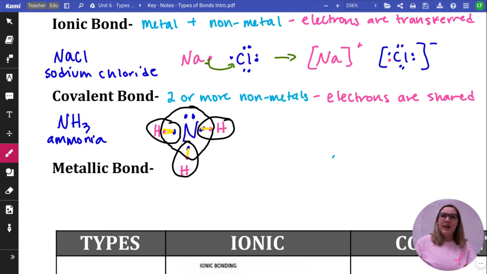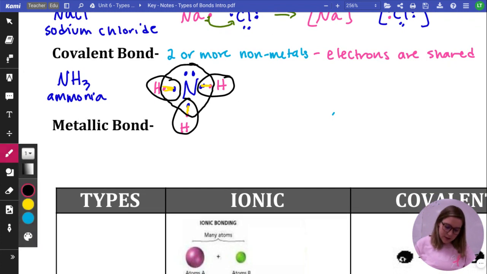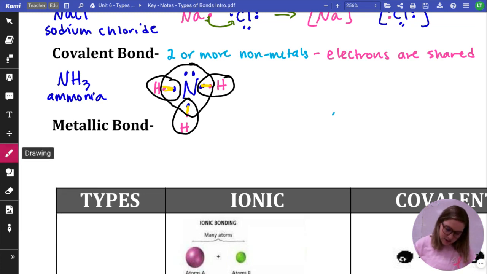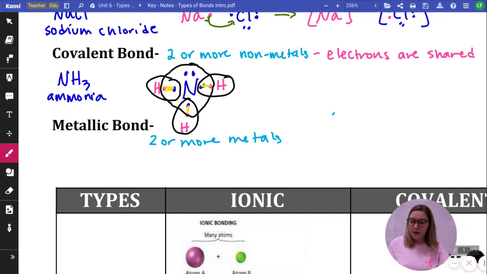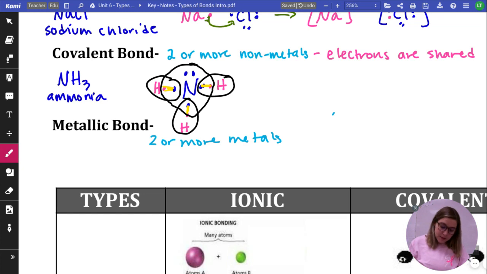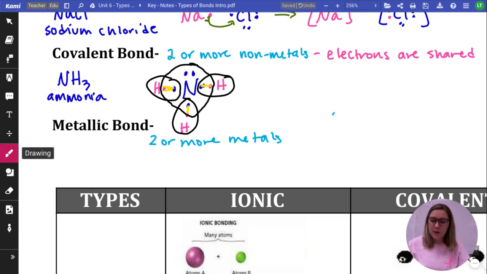Okay? And our last type of bonding that we are going to talk about is metallic bonding. And in metallic bonding, it is, I'm going to write it kind of below, 2 or more metals. 2 or more metals. And metallic bonding is kind of interesting because it's a little different than our other ones.